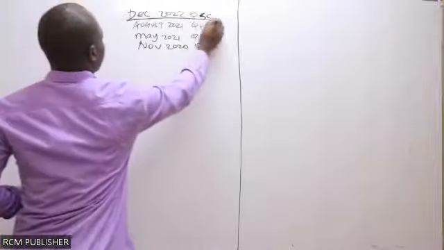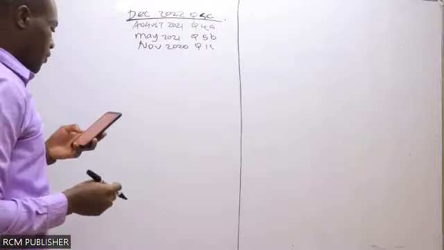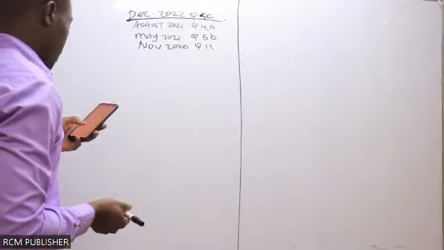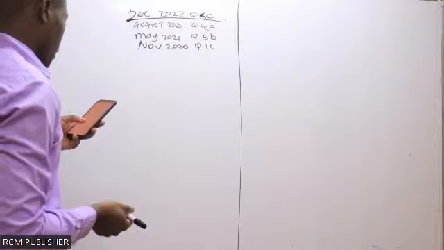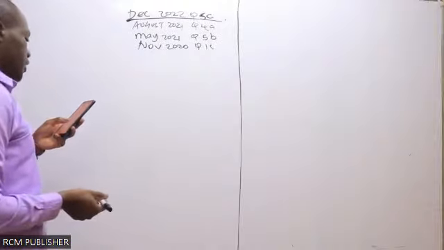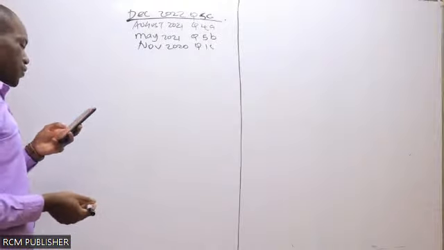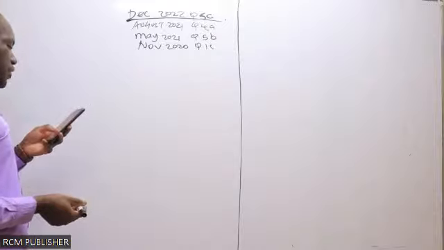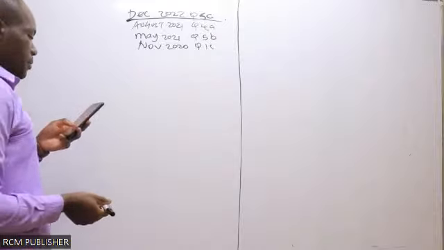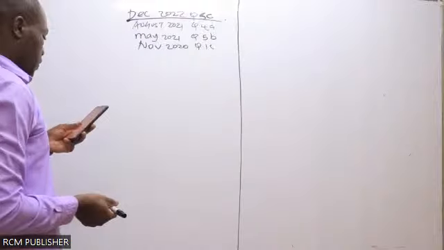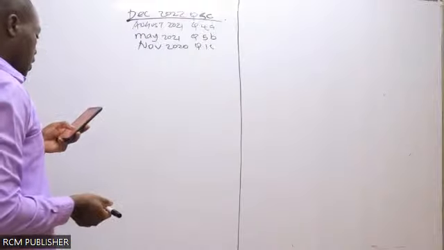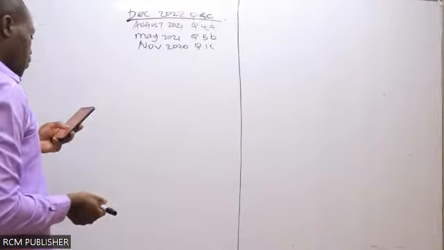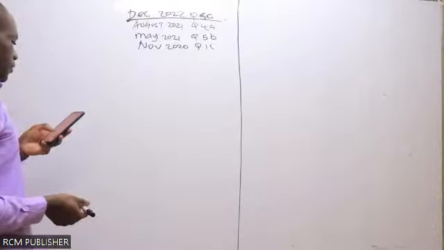So we are looking at this. We are given the following prices in shillings and quantities in kilograms of goods consumed by households in suburbs, Nairobi City County in the year 2020 and 2011.